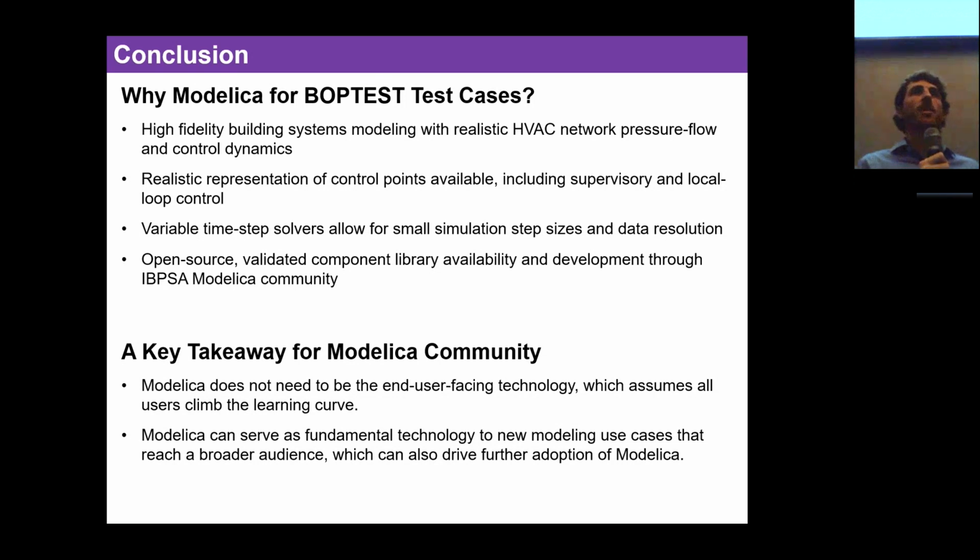So for instance, a lot of the reinforcement learning control experts don't know physical modeling, let alone Modelica. And so this offers an opportunity for them to access realistic simulations of buildings to test their algorithms. And so I think Modelica can serve as a great engine for this, as long as we're embedding good expertise within our models and making sure they're robust, things like that.